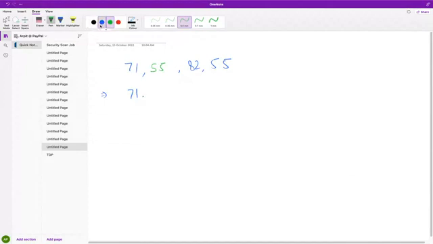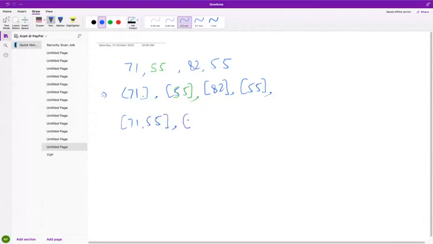Okay, so let's take them now. 71, this is the first subset. This is the second subset. I think we can take it as green. Now we have 82. Now we have the blue 55. Now let's do the combinations of this. 71 is 71, 55. Then we have 71, 55, 82. Then we have 71, 55, 82, 55.